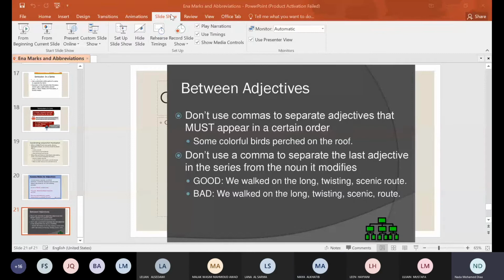In listing, three things that come after each other. After digging, comma. Searching, comma. Excellent, Maya.